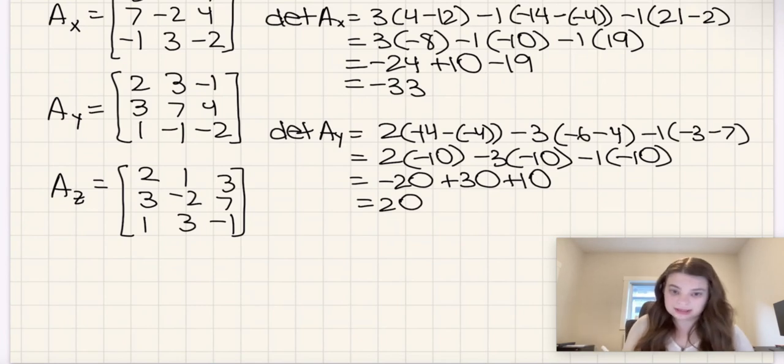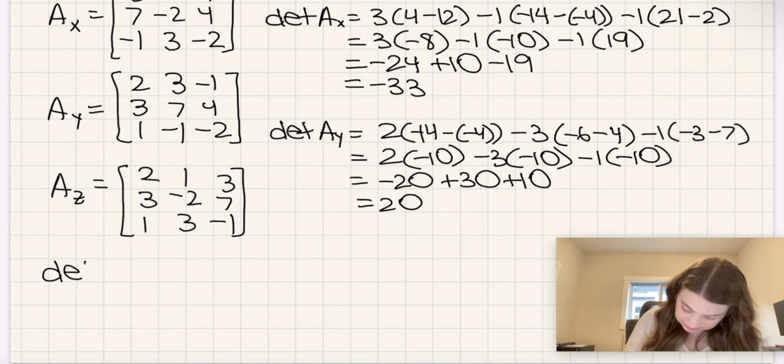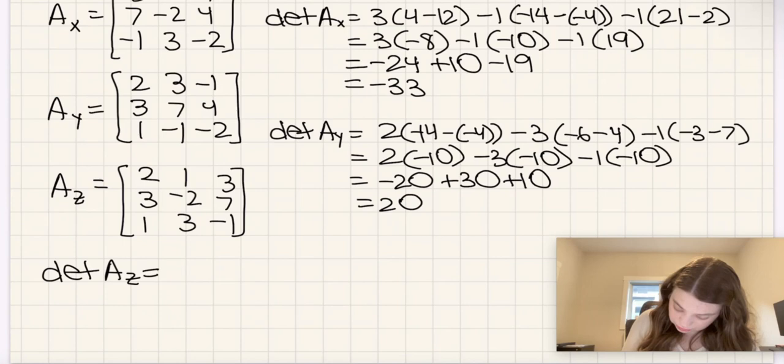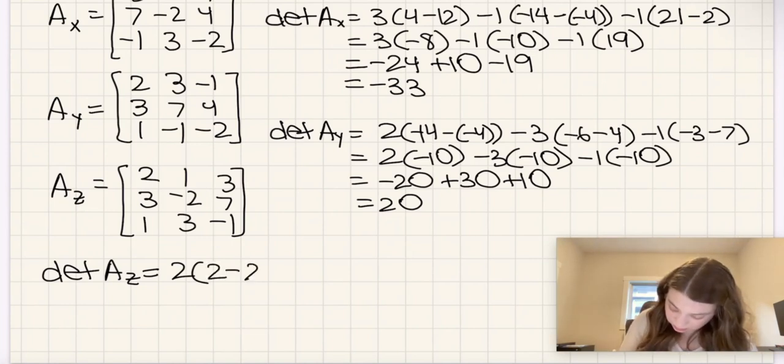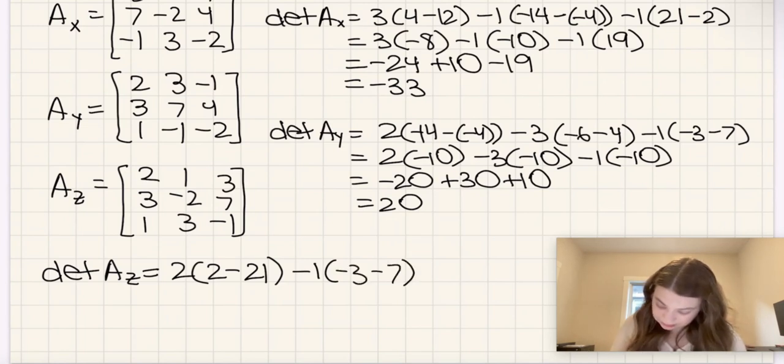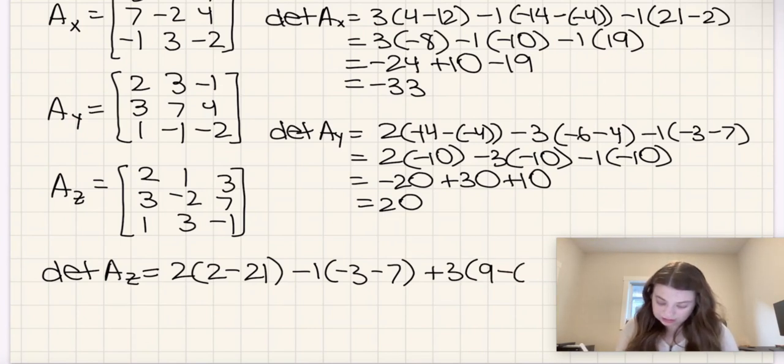And then last but not least, determinant of az. Okay, so that one we're going to have 2 times, let's see, negative 2 times negative 1 is 2, 2 minus 7 times 3, 21, minus 1 times 3 times negative 1, negative 3, minus 1 times 7, 7, plus 3 times 3 times 3 is 9, minus negative 2 times 1, which is negative 2, like that.